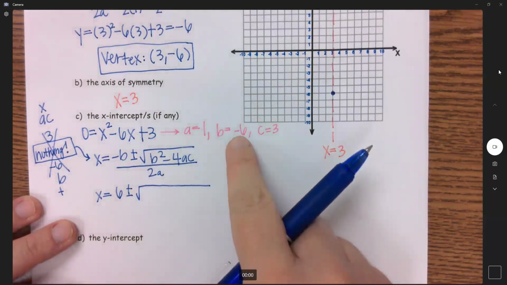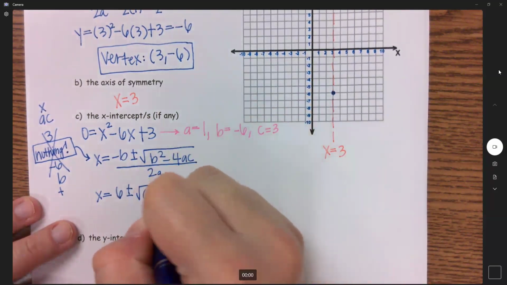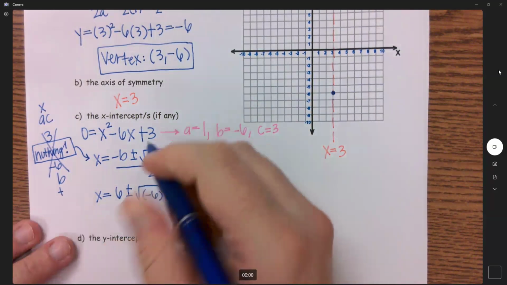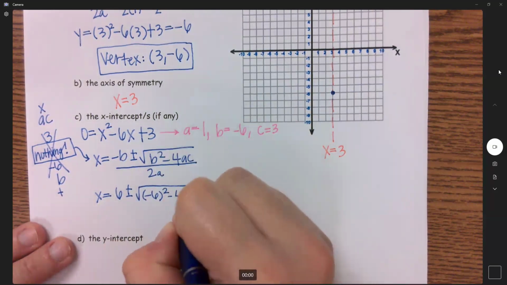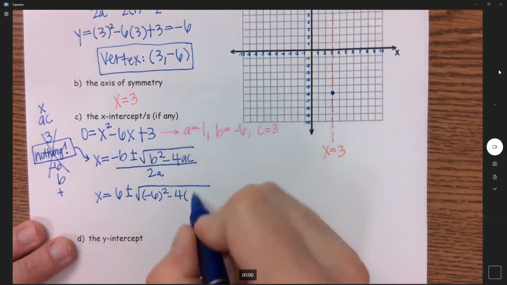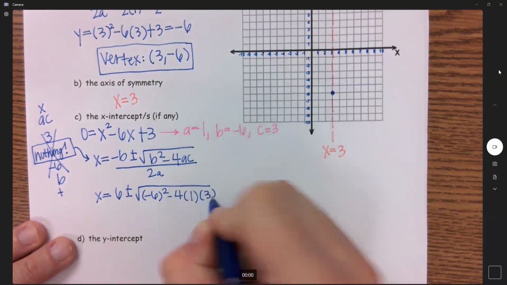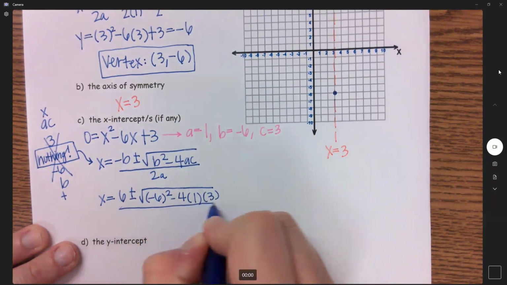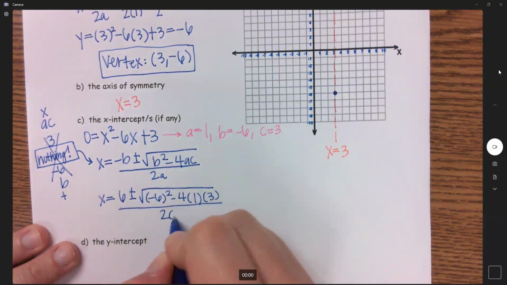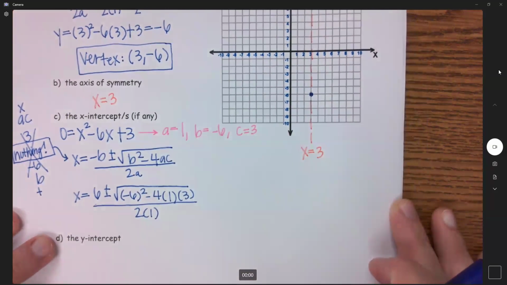B squared, when I square this, it has to go in parentheses. Minus 4 times a is 1 times c is 3. Goes all over 2a.